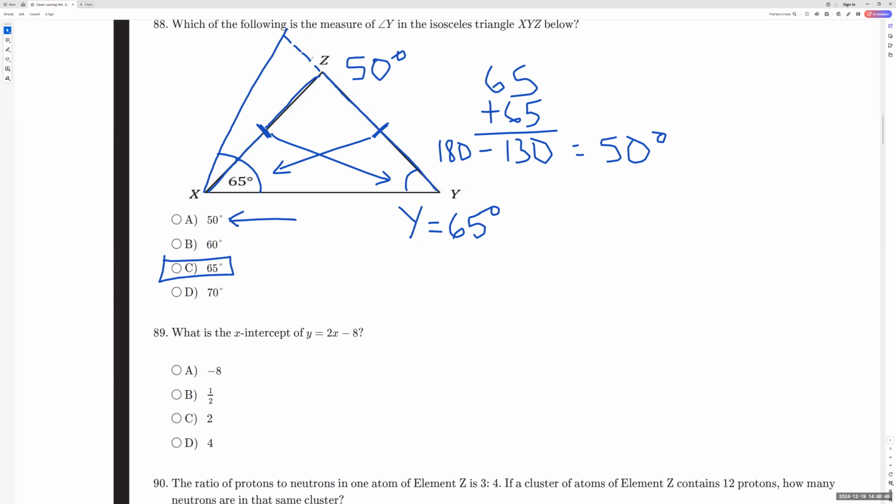Okay, the x-intercept. So the x-intercept of any function or equation is the value of a coordinate point that lies on the x-axis, which means that y is 0. So let's say we have a point here. This would be an x-intercept of whatever line, and this would be the y-intercept.